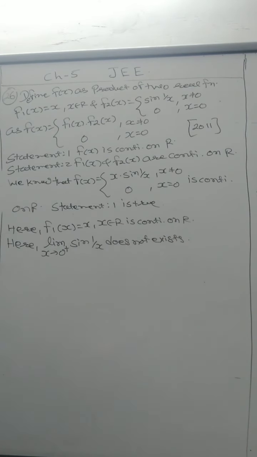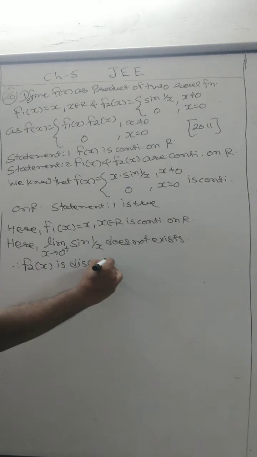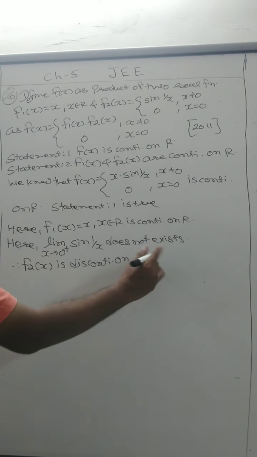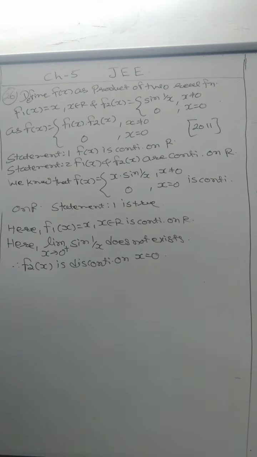Right? If the limit does not exist, it means what? f2(x) is not continuous. f2(x) is discontinuous at x equal to 0. So therefore, our first statement is true, but the second is false.